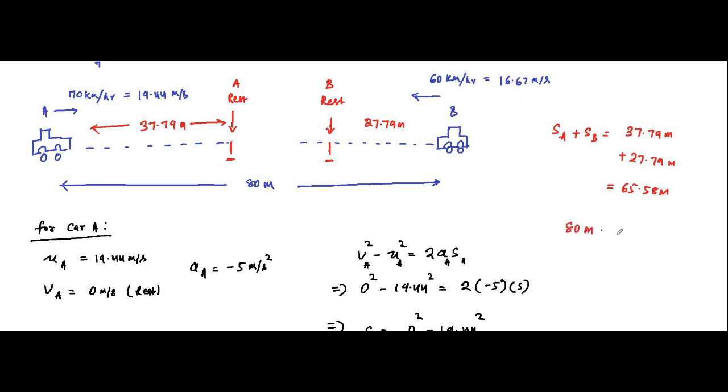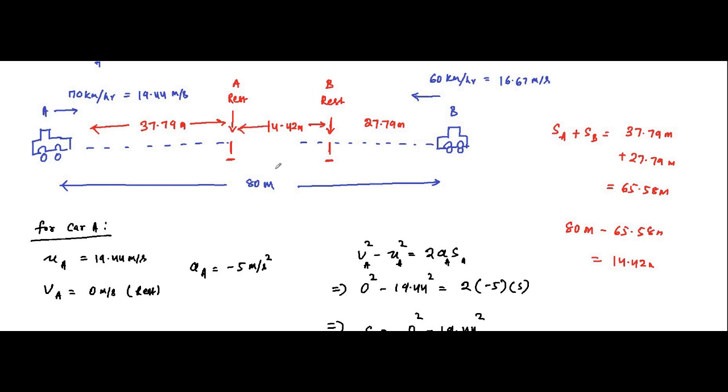So 80 meters minus 65.58 meters, that is 14.42 meters. So both of them came to rest while there was a gap of 14.42 meters between them. So obviously they did not collide.